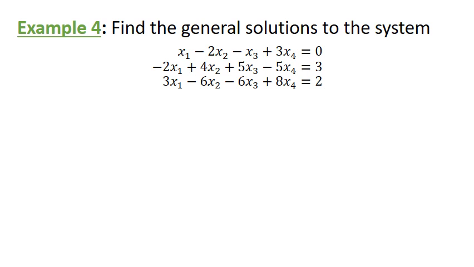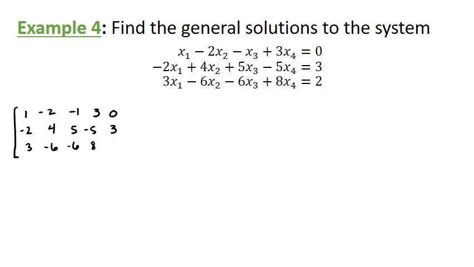So again, if I'm starting this problem, the first thing I want to do is write it in matrix form. So when I write this in matrix form, I will get the following. Check and double check that you have your matrix written correctly so that you don't make any errors down the road.